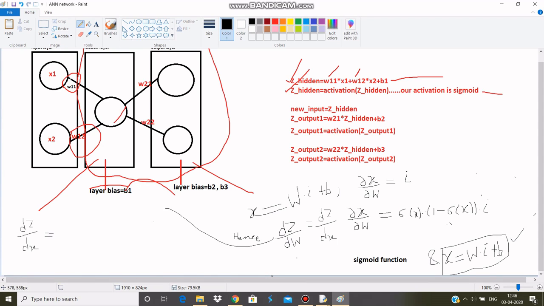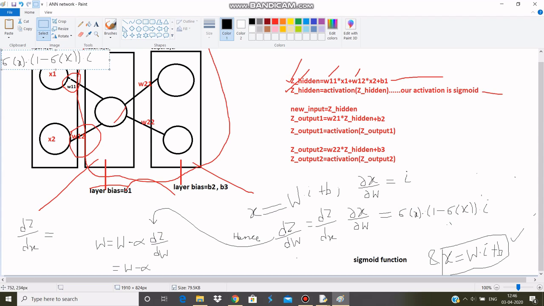So this is what our transfer derivative is. Actually, we will discuss the transfer derivative later. So our w will be w minus alpha, alpha being the learning rate, dz by dw. After we put the value of dz by dw, it will become w minus alpha, and let's just select it.